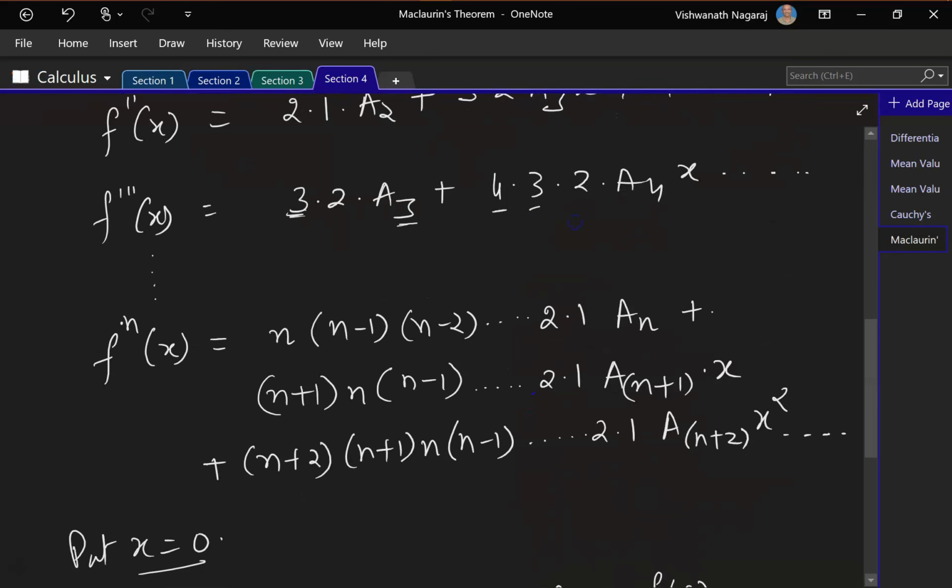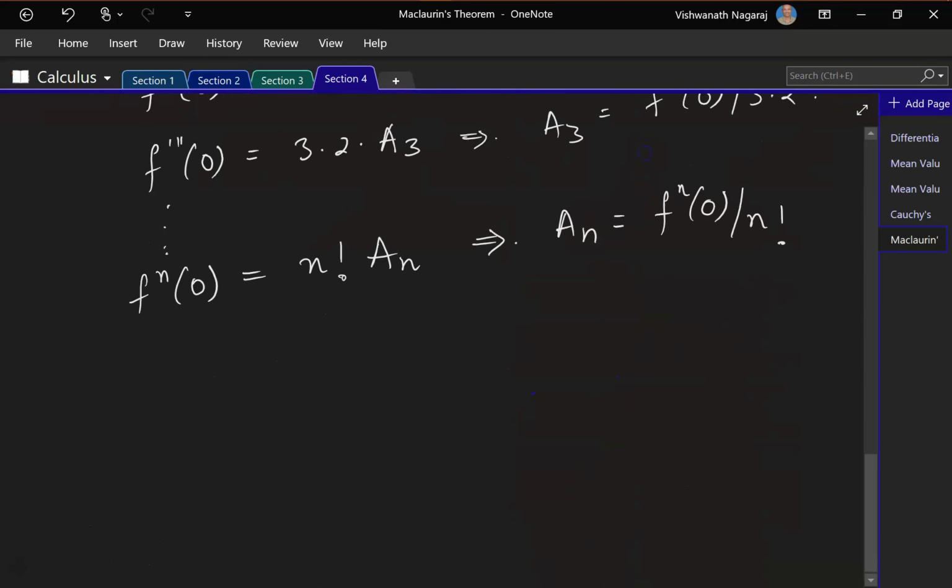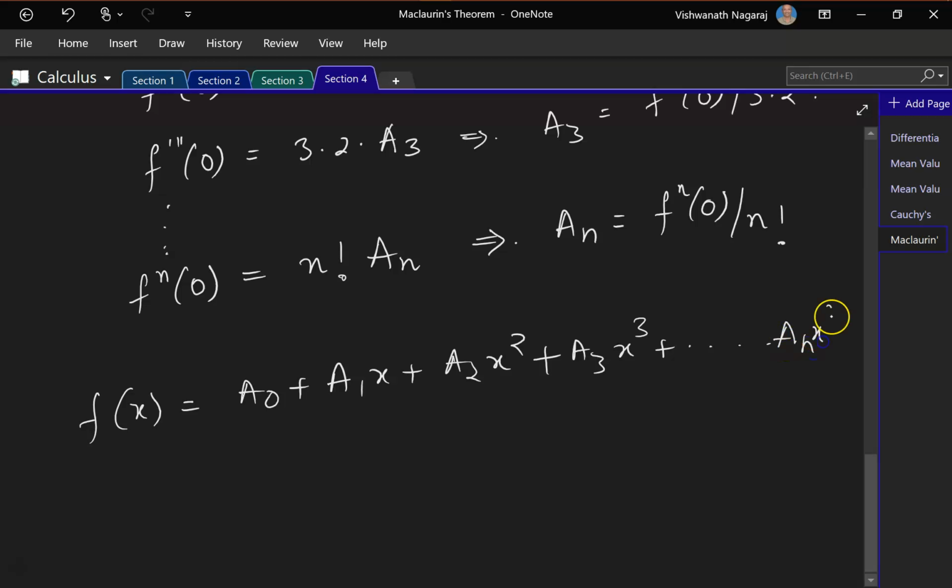So which means this expansion of f of x will become what? F of x is equal to, we started off with a0 plus a1x plus a2x square plus a3x cube and so on. Finally an x^n, and this can keep going. Now let's do the substitutions.